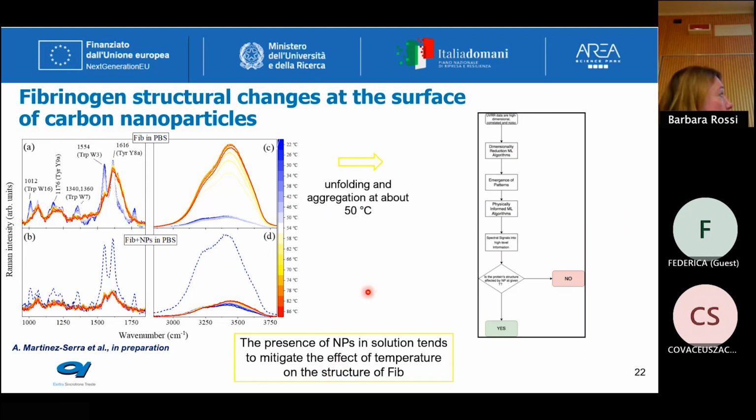And also in this case, we are collaborating with a group in Barcelona for the development of machine learning methods for the analysis of these spectra. We are developing a specific protocol that can be applied to the analysis of these UV spectra.